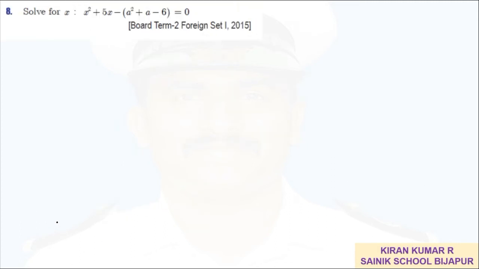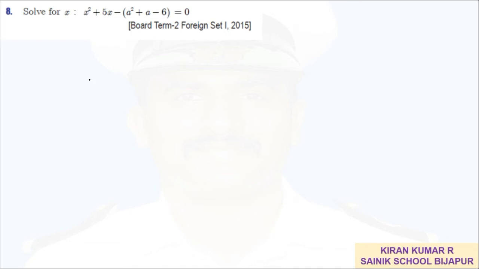Question number 8. Solve for x. x square plus 5x minus a square plus a minus 6 equal to 0. Here it becomes very difficult when you consider the sum and the product because it's in terms of a. So what to do?